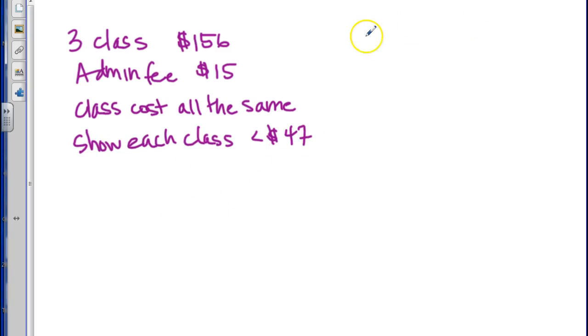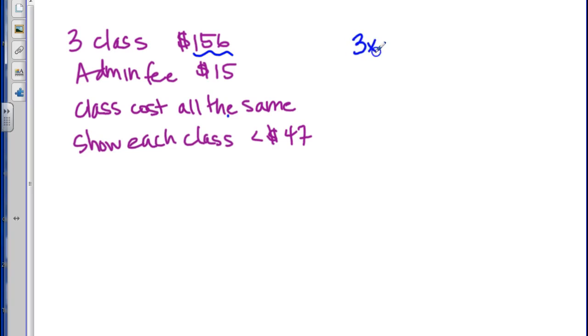All right, so let's kind of break this down. What are we given? Well, we are given that she spent less than $156. We have an admin fee of 15. We are supposed to prove that at least one of the classes cost less than $47. We need to show that all of them are less than $47. So let's think about that.